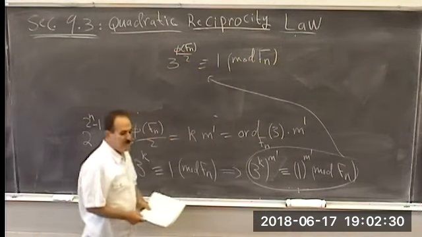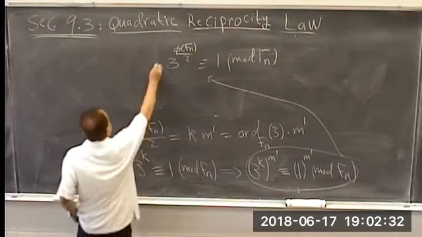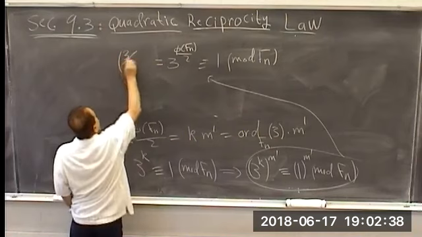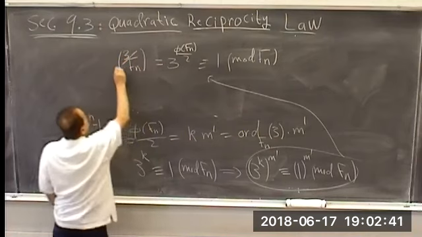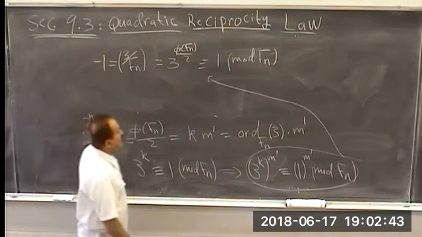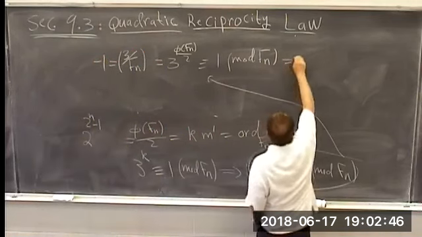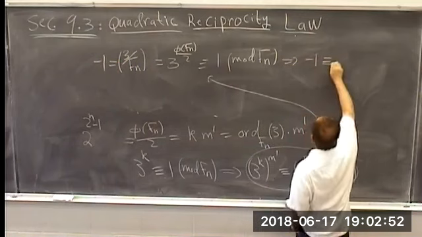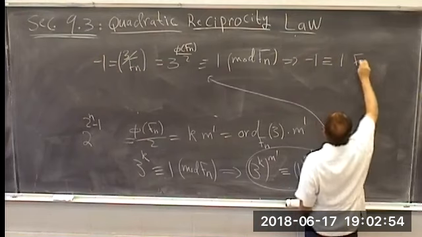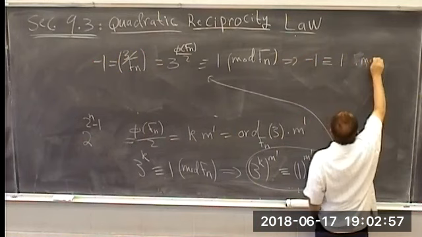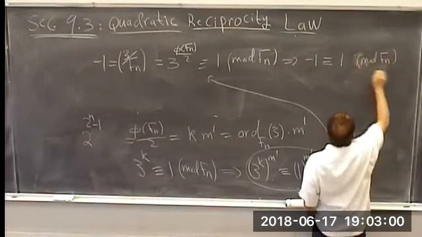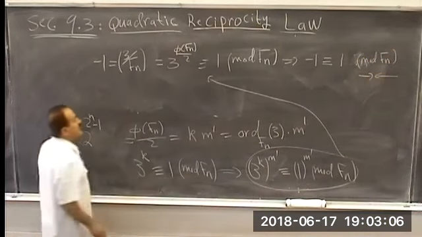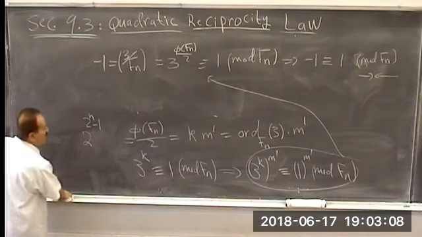But we have from the very beginning that this is equal to 3 to the (Fn minus 1) over 2, and this is equal to -1. So we have a contradiction in here. So this implies -1 is actually congruent to 1 mod Fn. And this is a contradiction.